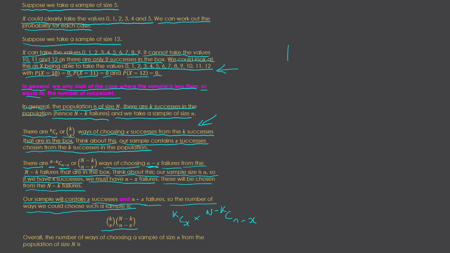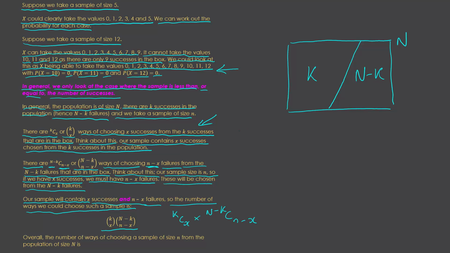Perhaps a diagram might explain this. So let's say we've got a box, and let's just say it's split like that. And we know in total in the box we have N things. If we have k things that are successes, then we would have N minus k things that are failures.